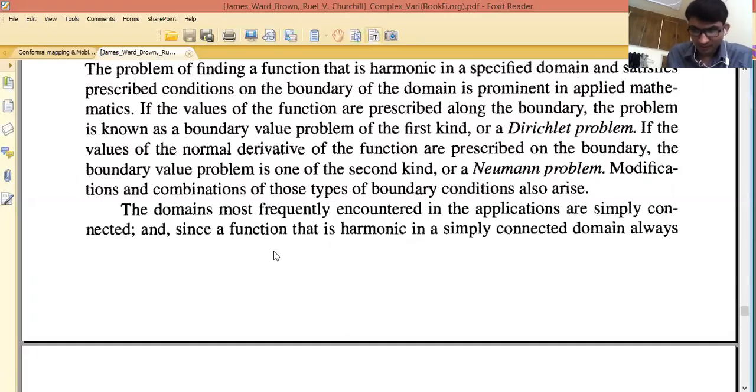Sorry, i squared is minus 1, and minus 1 can be written as e to the power i pi, cos pi plus i sin pi. The answer will be pi.